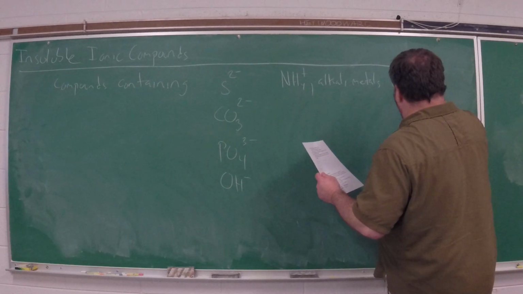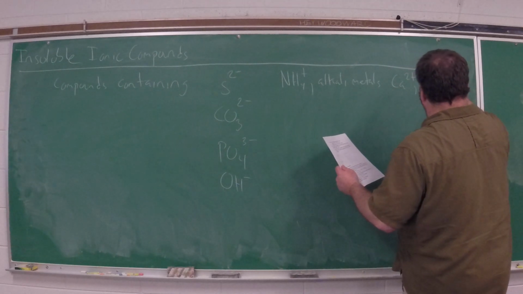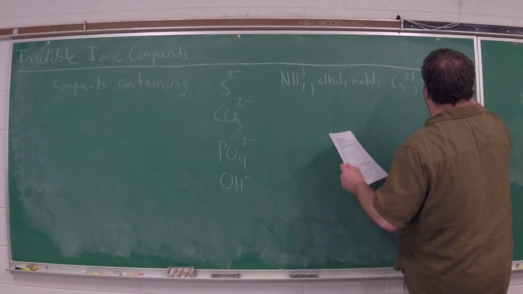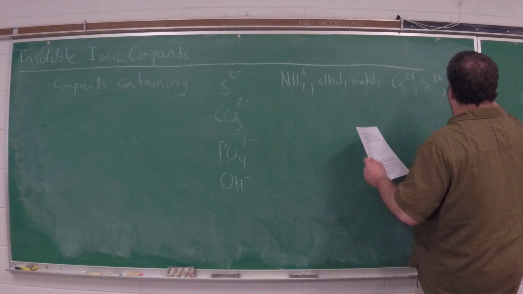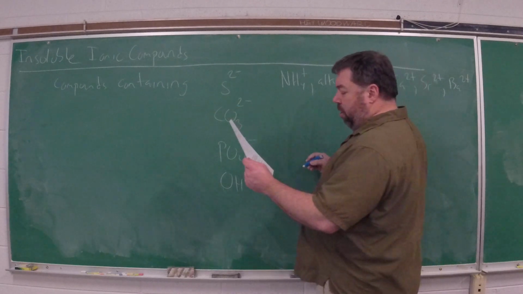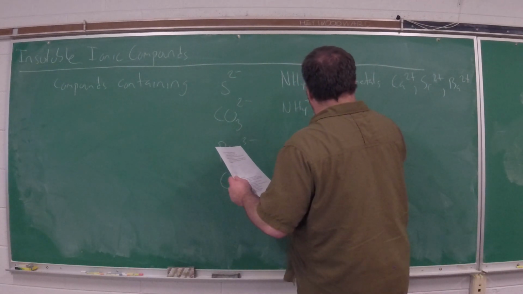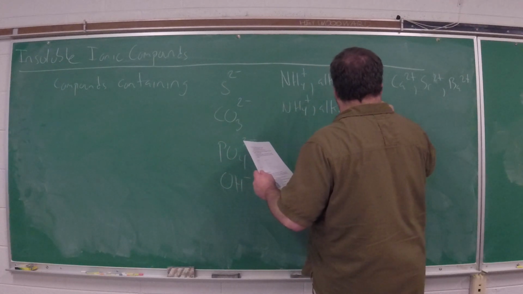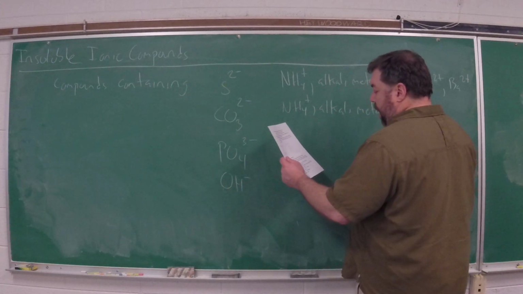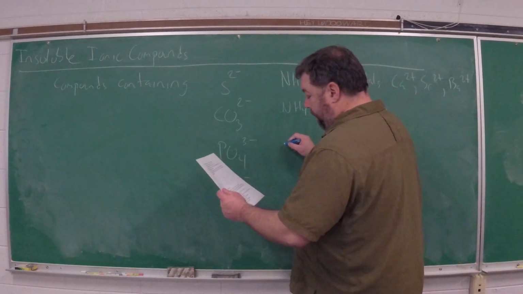And we're going to have cations, it's calcium, strontium, and barium. Those are the exceptions. Again, we'll go through some examples. Let me write this all out. The alkaline metals. This one's the same.